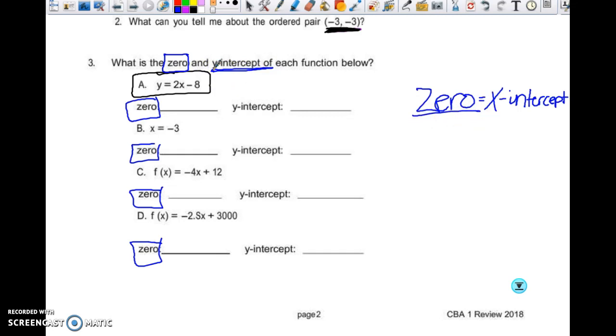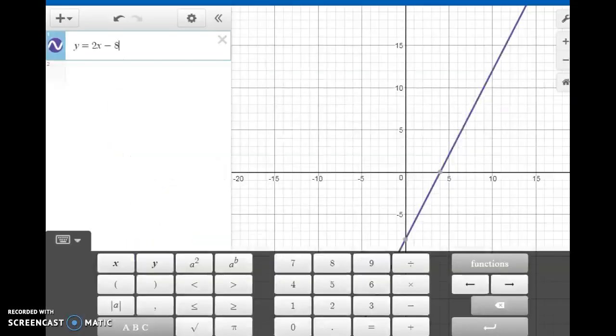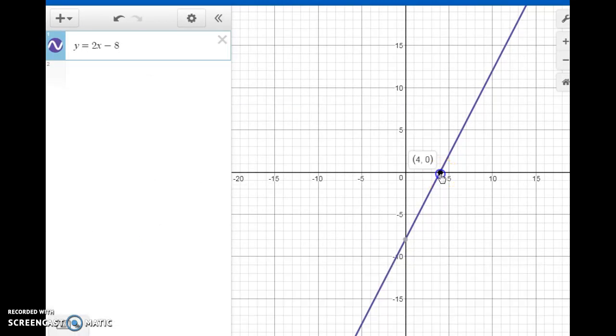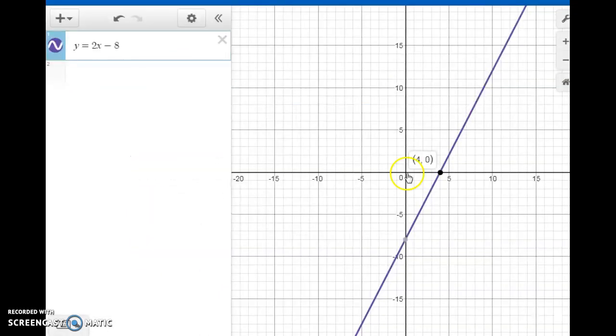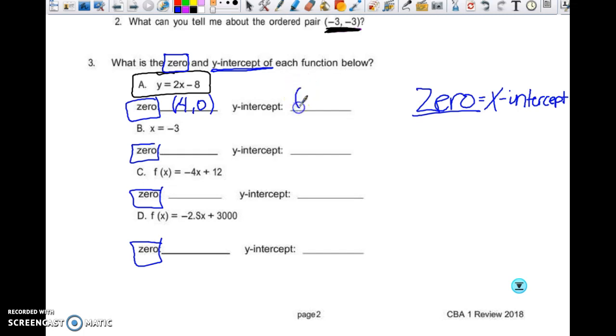So here at 2x minus 8, my x-intercept, if you touch your graph, the Desmos calculator gives it to you, is here: (4, 0). And your y-intercept is right there at (0, -8). Okay?